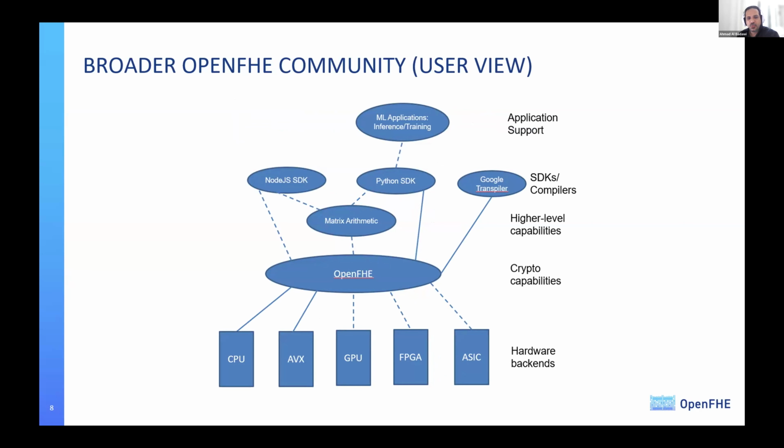Here, I just want to highlight our vision for OpenFHE. We have OpenFHE in the center, and it would support multiple hardware backends for acceleration. Currently, what is supported is CPU and AVX vectorized implementations, and there are some underway projects for GPU, FPGA, and ASIC acceleration.